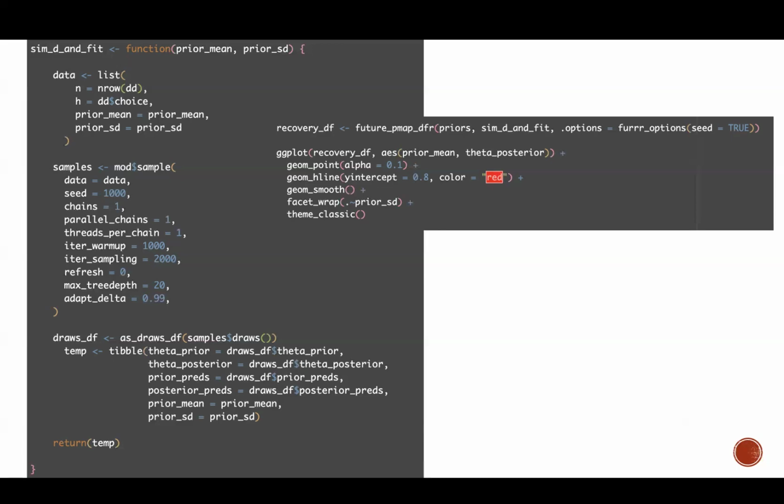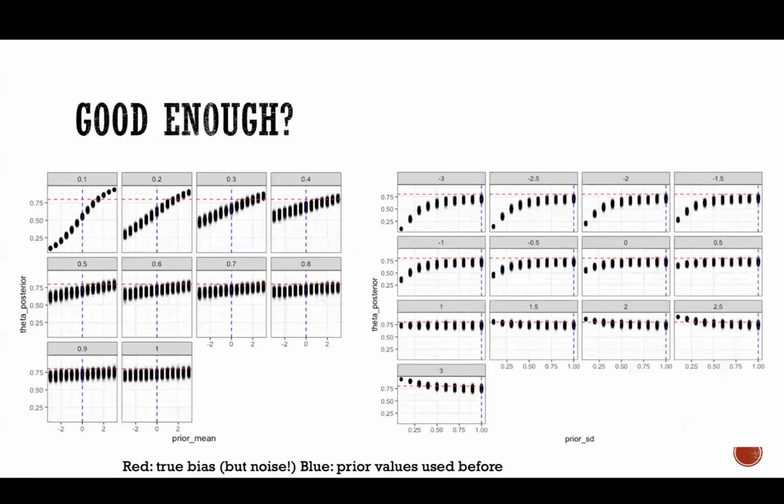And then we can plot the outcome where prior mean is plotted against the theta posterior, the impact of the mean of the prior that we've chosen on the estimated theta. And then we split it by panel according to the standard deviation of the prior. On the x-axis there is the prior mean, on the y-axis there are the posterior estimates, sorry.